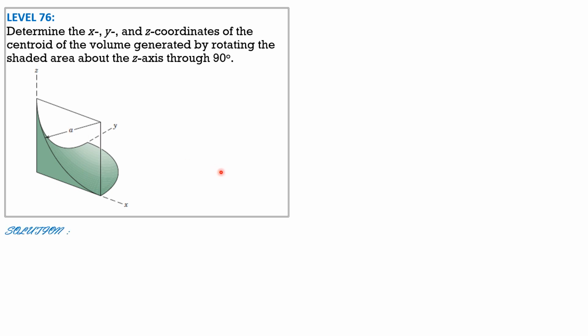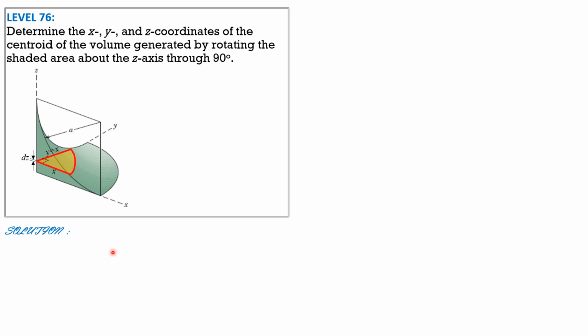So let's have a strip which is a quarter circle. The radius here is x, in that direction y, but x equals y because that's a quarter circle. The thickness is dz.